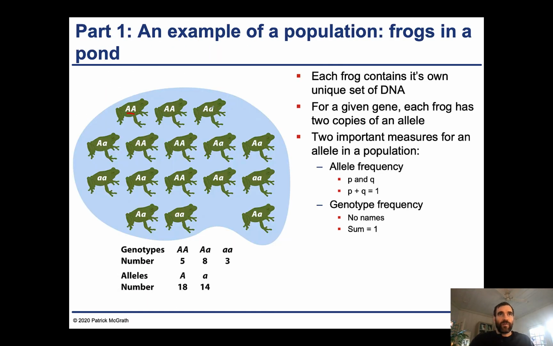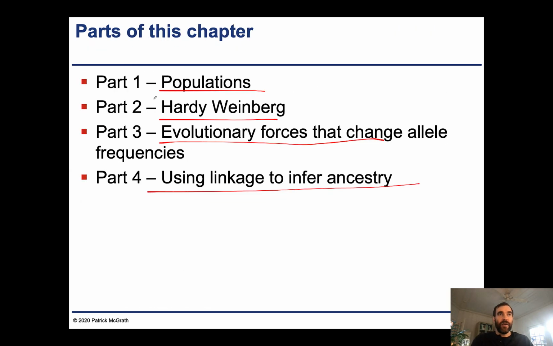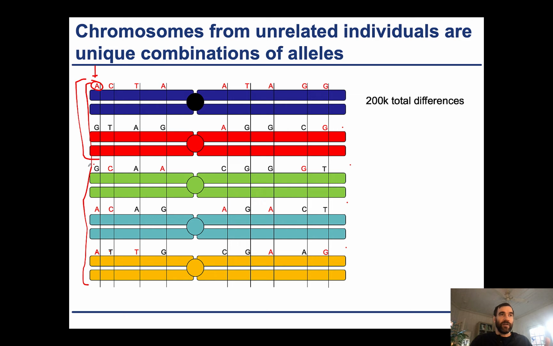We go through every single frog and measure what the 2 alleles are that the frog is carrying for that position. And so these frogs are genetically identical to each other at that position. They both have big A. But even if they have the same genotype at a single position, that doesn't mean that the frogs are identical.